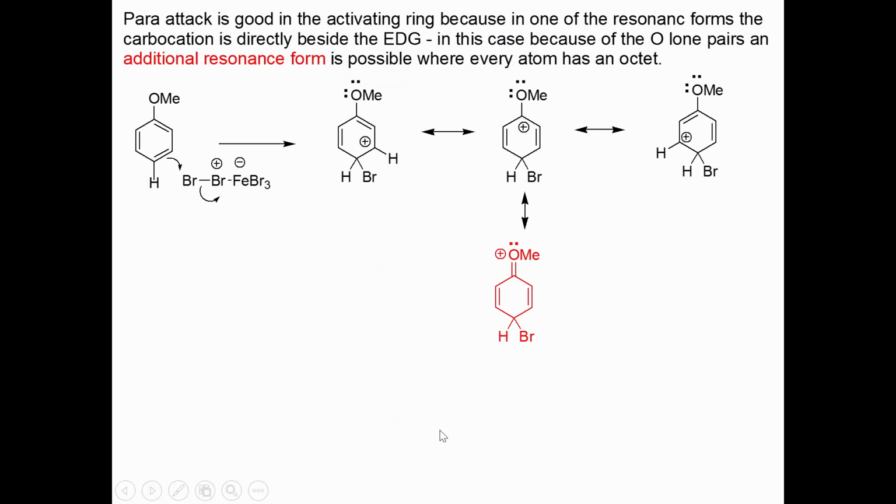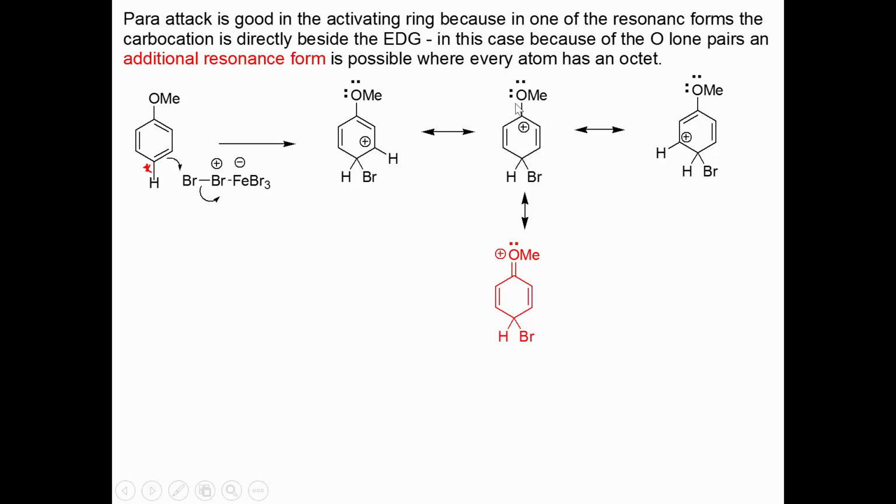All right, finally, let's look at para. Okay, so we're going to consider attack at the para position right here. And note that the second intermediate that we draw, okay, initially we get this carbocation here, but we start drawing allylic resonance structures. And the second one that we draw has the positive charge directly beside the OMe group, or directly beside the electron donating group.